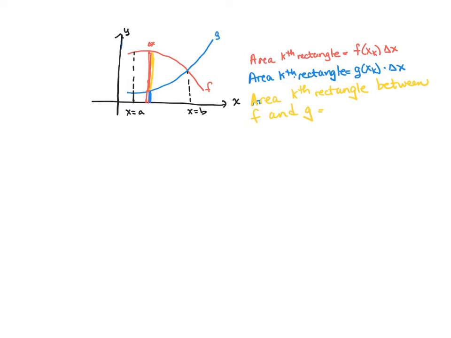So that would be f of x sub k minus g of x sub k, which is the height of that rectangle, times delta x.